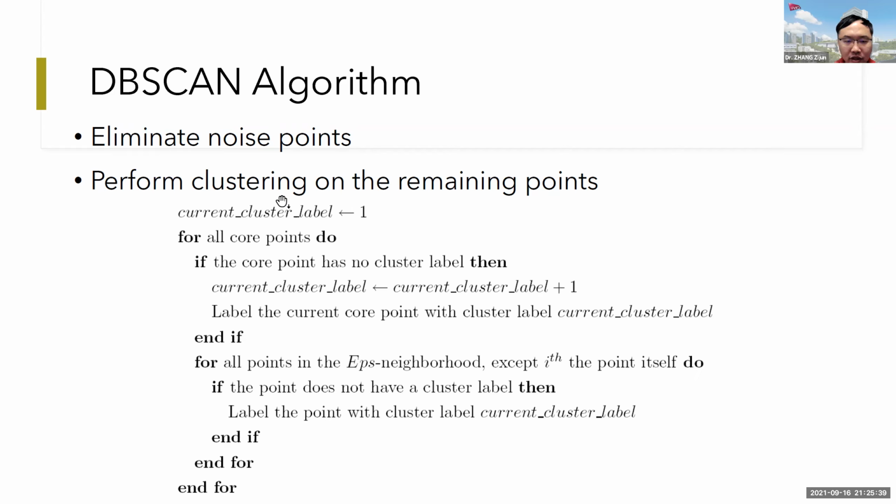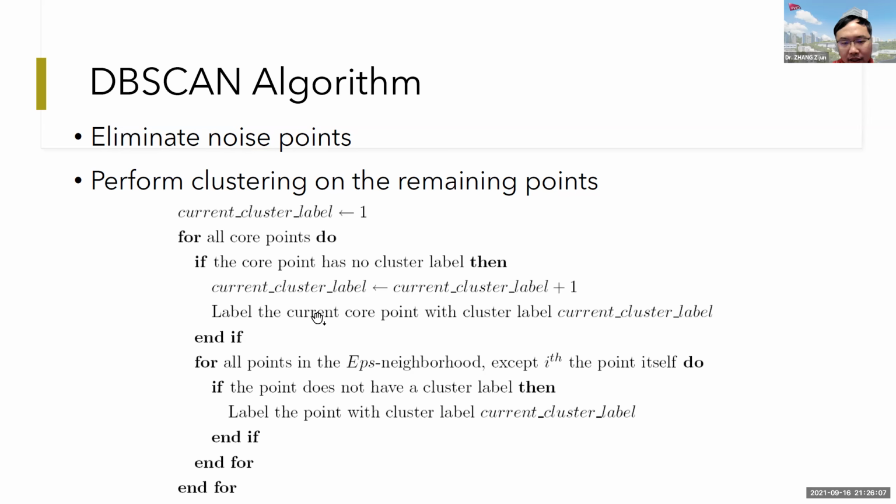Then we set the current cluster label to 1. For all the core points, we do the following. Start with one core point. If it does not have a cluster label, then we set this core point with the current cluster label 1.